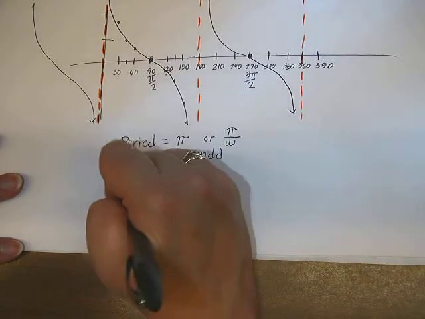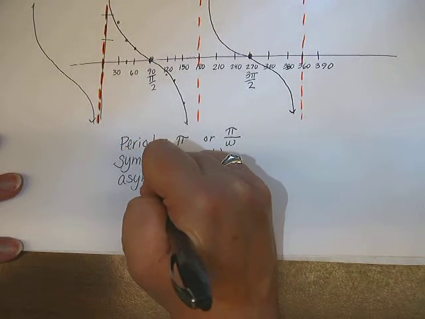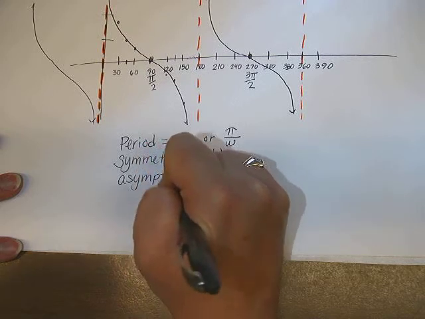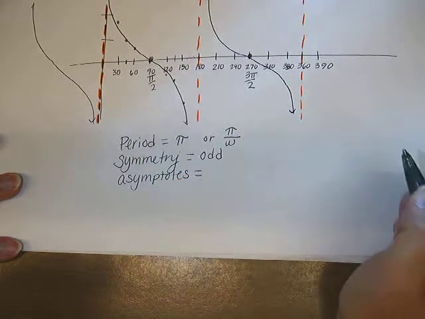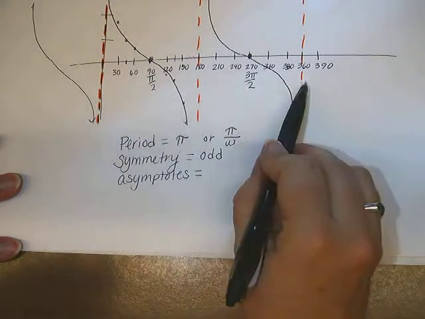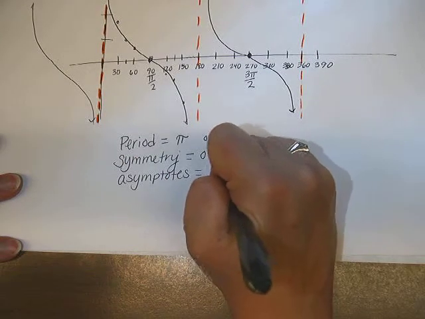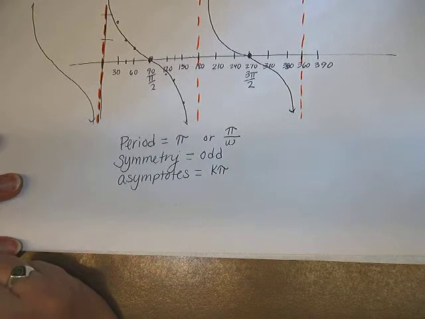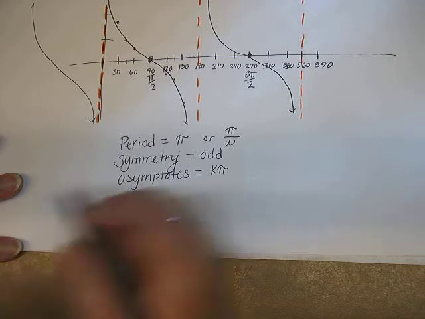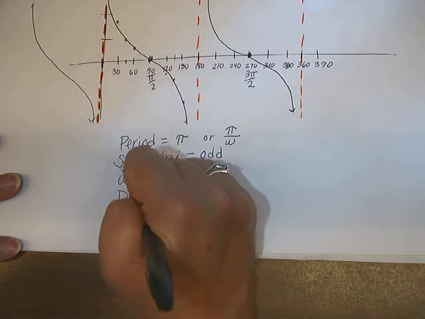Okay, where are the asymptotes going to be for this graph? The asymptotes are at 0, 180, 360, every integral value of pi. So we can summarize that by saying k times pi, where k is of course any integer, negative or positive whole number. Next, let's talk about the domain.